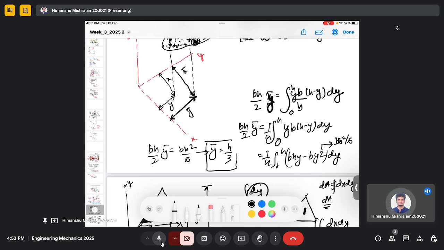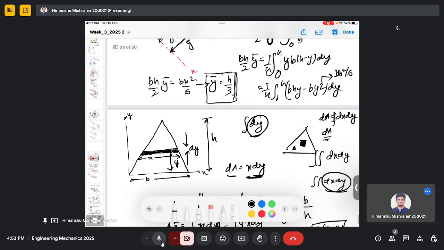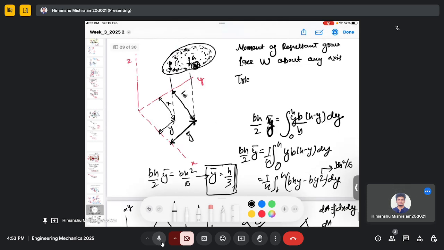So you can remember that for a triangle the centroid in y is h by 3. For a rectangle it's h by 2. And for a circle it's h by 2, given that h is the diameter.